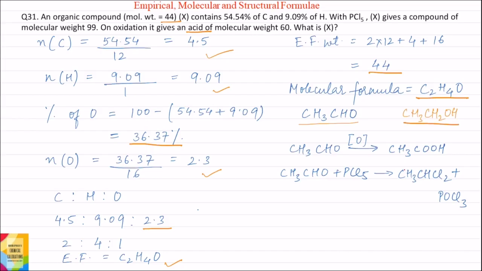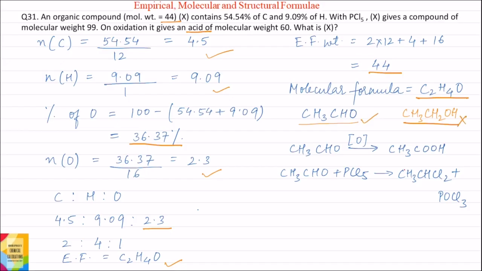Now if we compare the number of hydrogens and carbons, in this alcohol the number of carbons is 2 and the number of hydrogens is 6, which does not correspond to the given molecular formula of X. But in acetaldehyde, the number of carbons is 2, number of hydrogens is 4 and number of oxygen is 1. So the formula of acetaldehyde corresponds with the given molecular formula of X. So the given compound X is acetaldehyde, it is not alcohol.